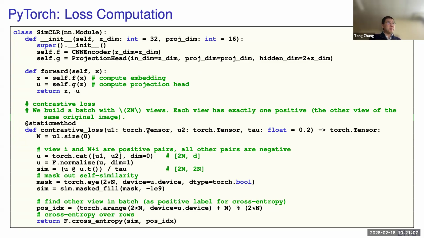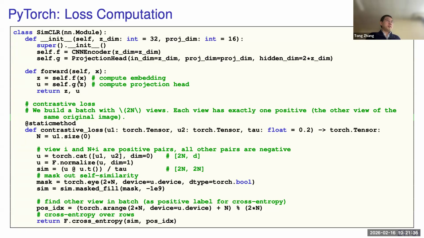But here maybe I should look at the contrastive loss. In the contrastive loss, you have U1, U2. Typically what you do is you simulate two U's from the same Z. In inference time you don't need the U, right?